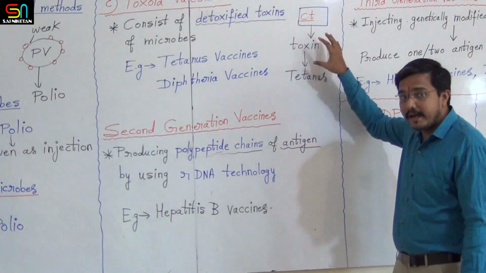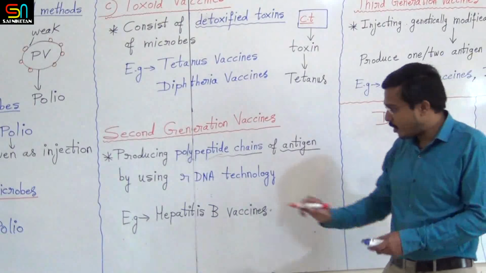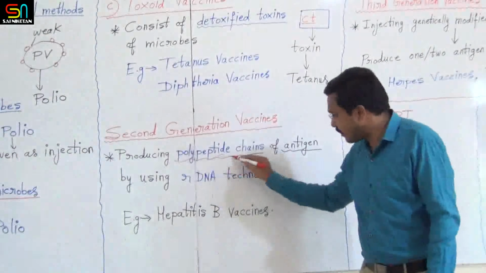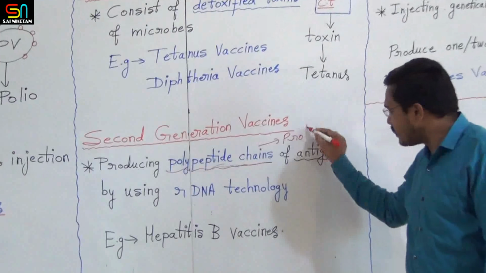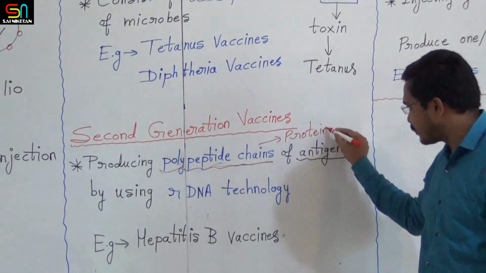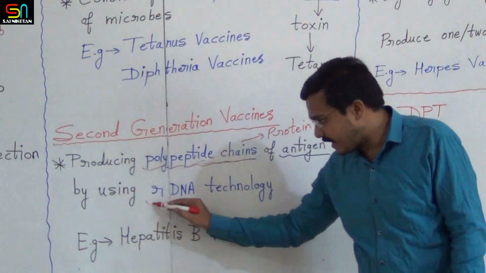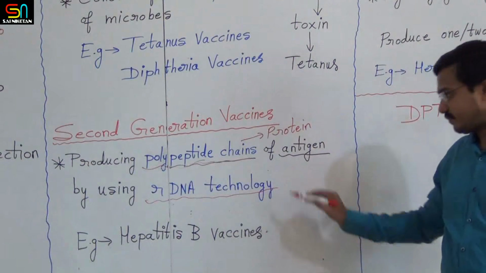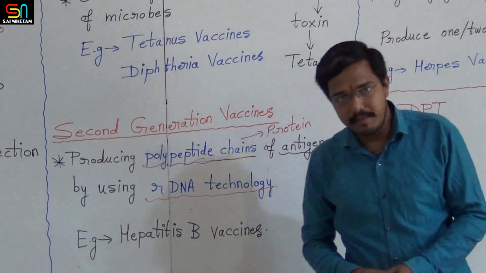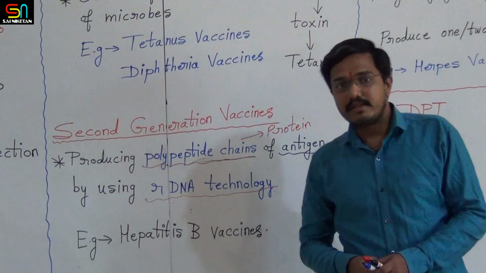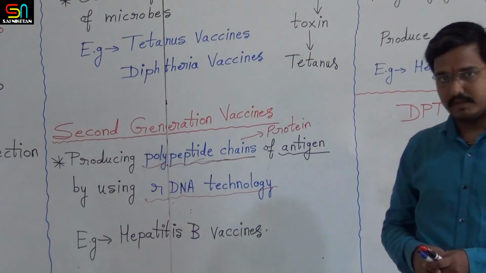Now they are able to produce the protein, especially the polypeptide chain. What is a polypeptide chain? It is nothing but protein. So the protein of antigens is produced by using a technology called rDNA technology. rDNA technology is nothing but recombinant DNA technology. You just remember, this is a technology that comes under biotechnology.